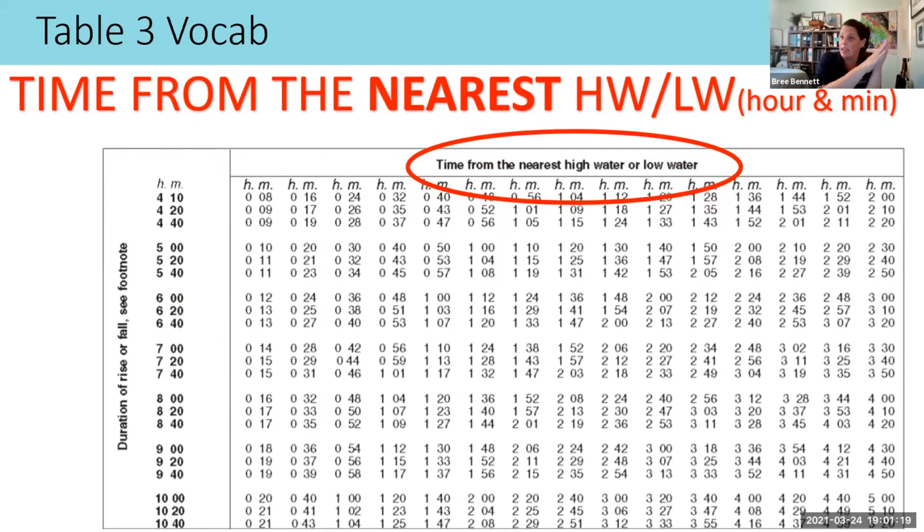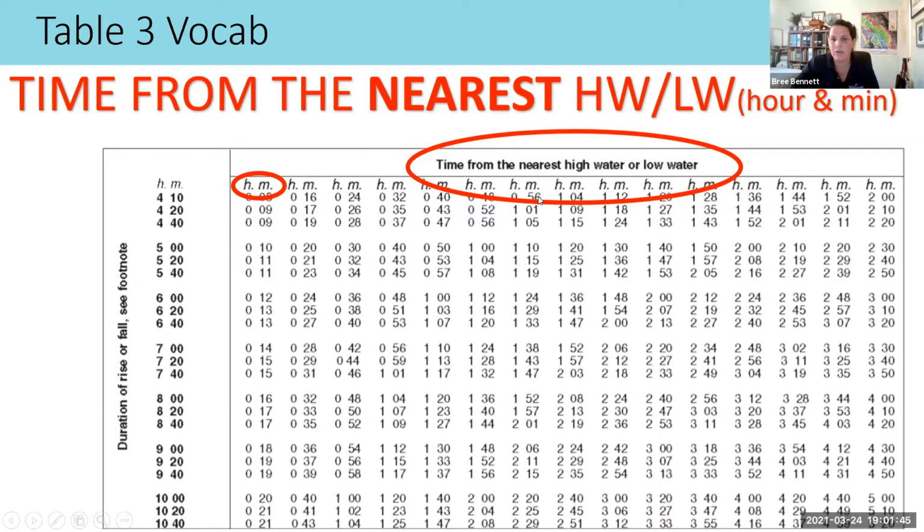It would be the 8 o'clock tide, the one that is literally nearest, before or after. So which one is nearest to us? And we calculate that time difference in hours and minutes to how close we are to the nearest high or low.